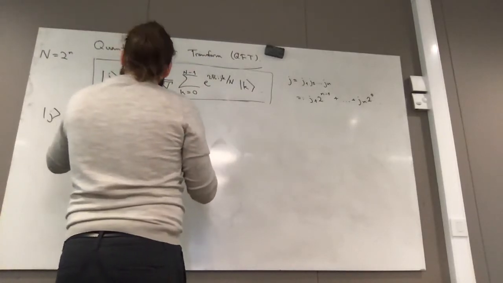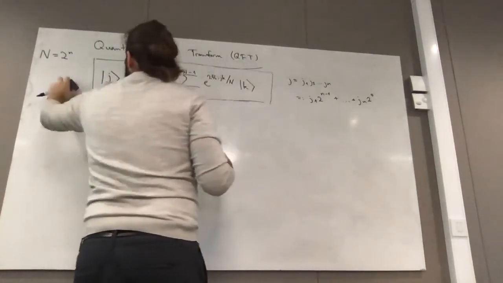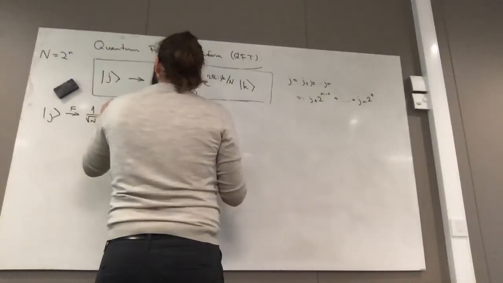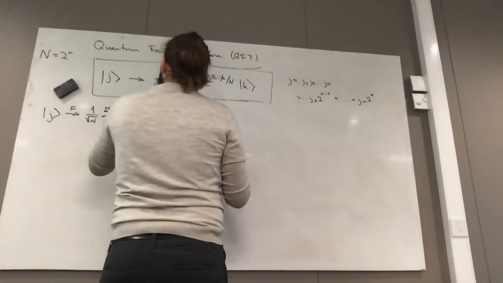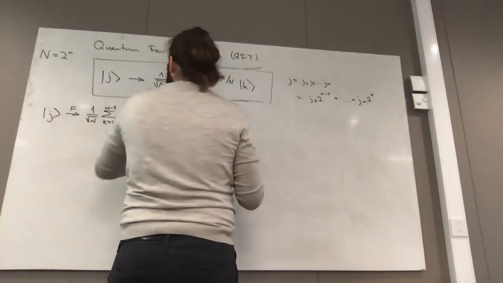One over square root of n, sum to n minus 1, e to the 2 pi i j k over n, where k is the index.